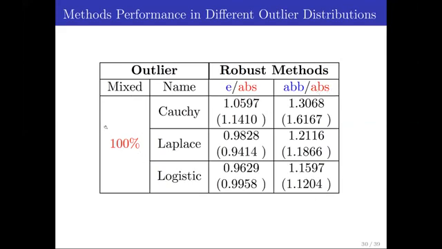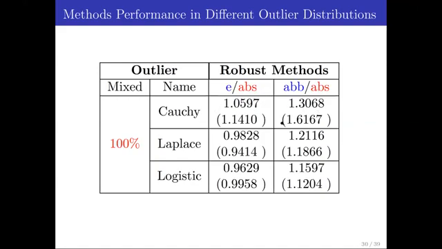So here the mixed number 100% means, for example, for this column, that your contamination comes from only one single outlier distribution. That means for this column, all the results are from the combination of the normal distribution and the Cauchy distribution.